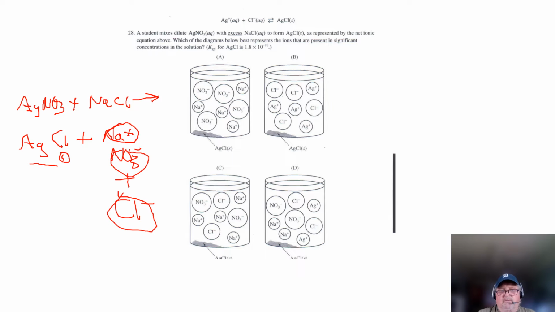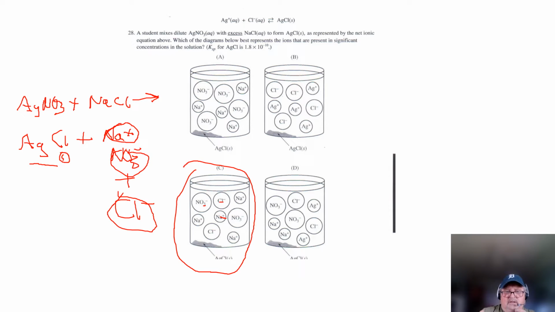So if we look at the four boxes, the first box, A, just has these two. B is totally wrong because it doesn't have sodium or nitrate in it. C looks like it might be our choice because it has the nitrate, it has the chloride, and it has sodium. So this looks like our answer. Let's check D to make sure.